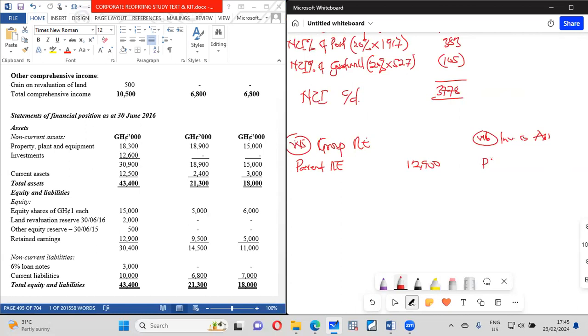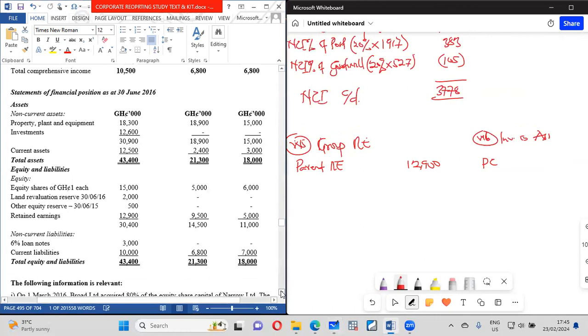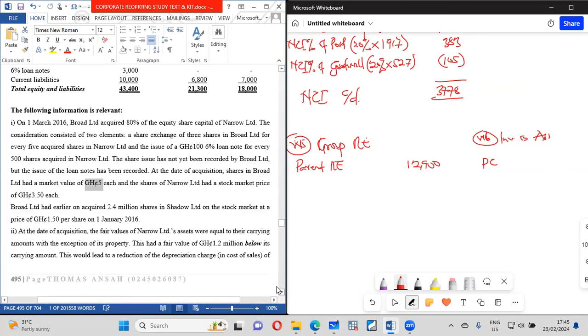But here I'll call it purchase consideration, what I have inside there. And how much did we use to pay for the investment in associates? So let's go and look for that. So you also had 2.4 million acquired. And for that 2.4 million, according to this question, they paid 1.5 per share. So that is what I do.